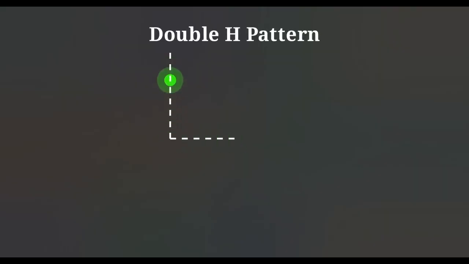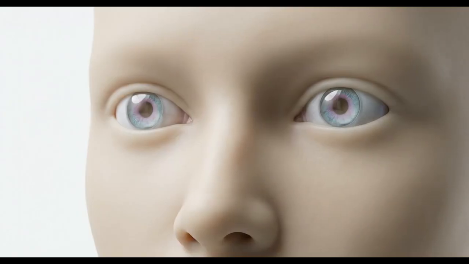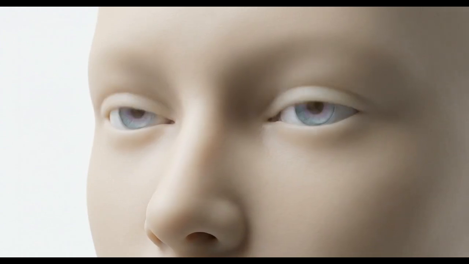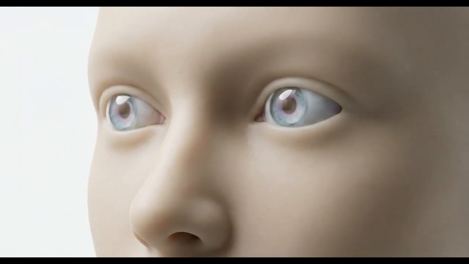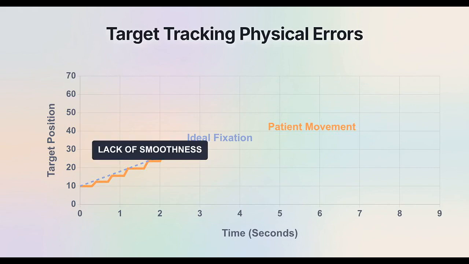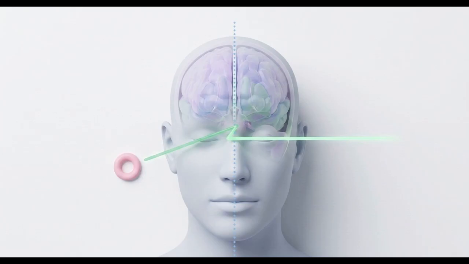To establish a baseline for smooth pursuits, the clinician asks the patient to track an engaging target as it is moved in a double H pattern. For saccades, the baseline test requires the patient to repeatedly jump their fixation back and forth between two distinct targets. During these tasks, the clinician is looking for specific physical errors: a lack of smoothness, the eyes overshooting or undershooting the target, and drops in accuracy when the patient's gaze crosses their midline.